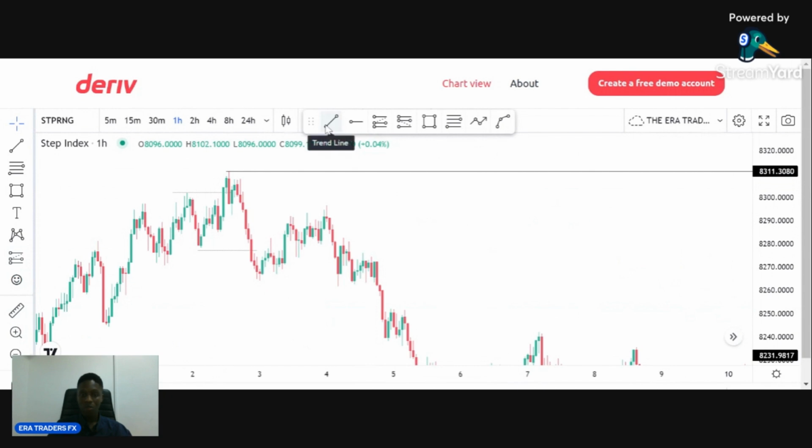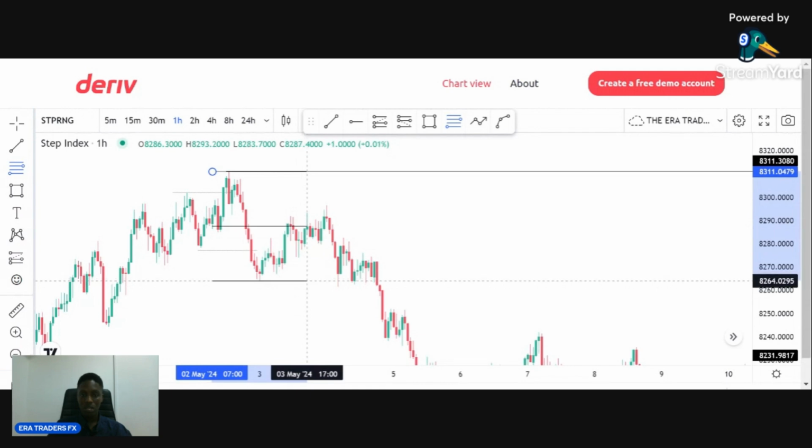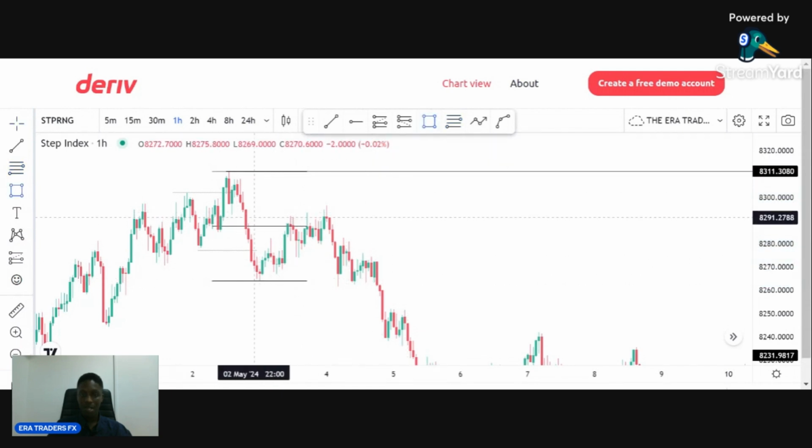After the break of structure, we take our Fibonacci from the strong high to the low and wait for price to come into our premium level for a sell, discount for a buy. Once it gets to the premium level, we're looking out for zones: order block, fair value gap.